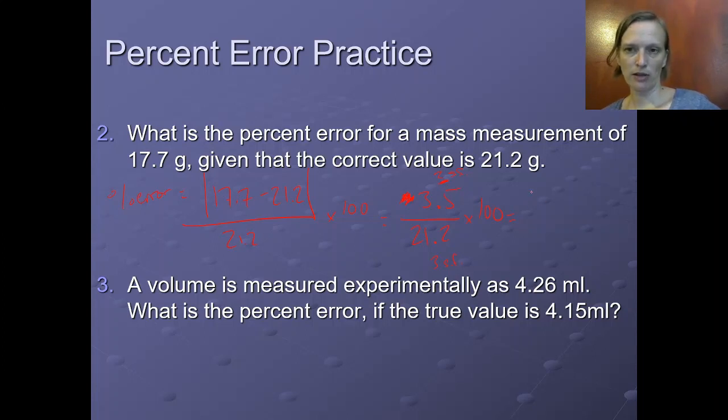So when I do the math, the calculator gives me the answer 16.5094, but I need to round that off after just 2 sig figs, and so I will have 17% as my percent error. And this is considered inaccurate because it is more than 10% error.